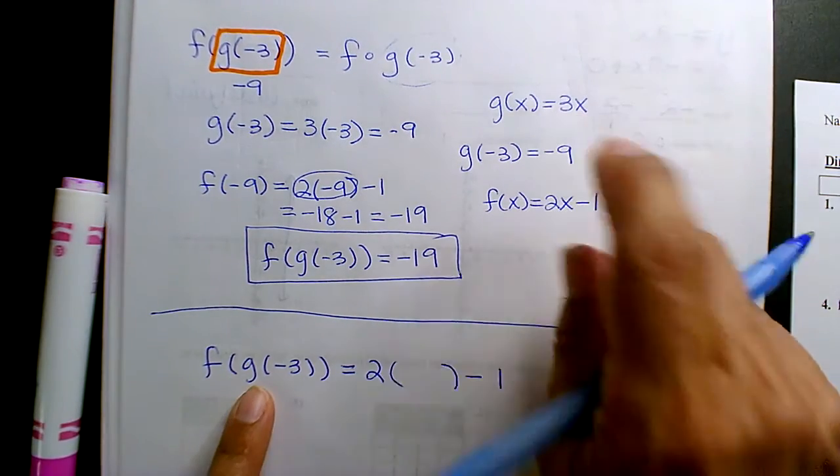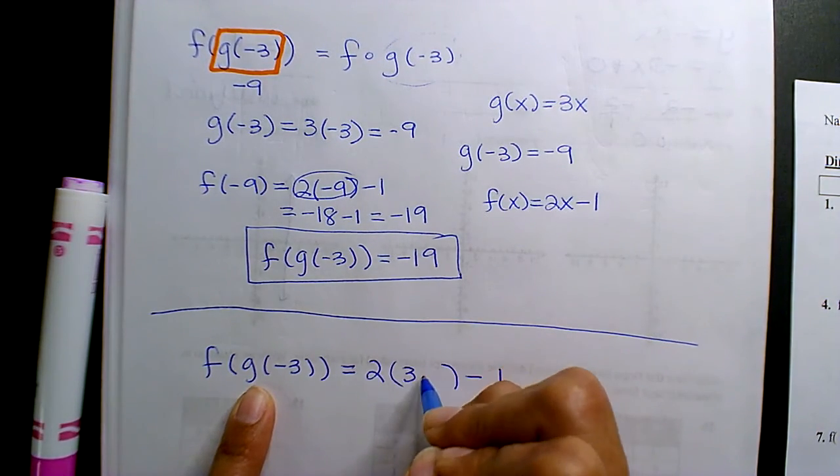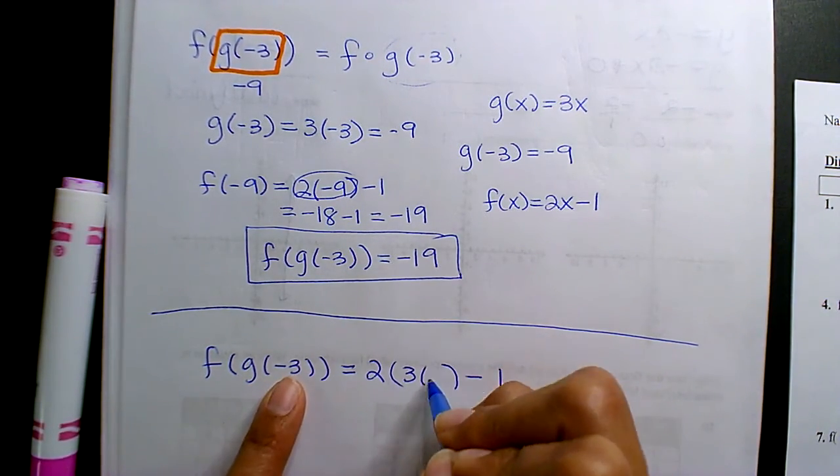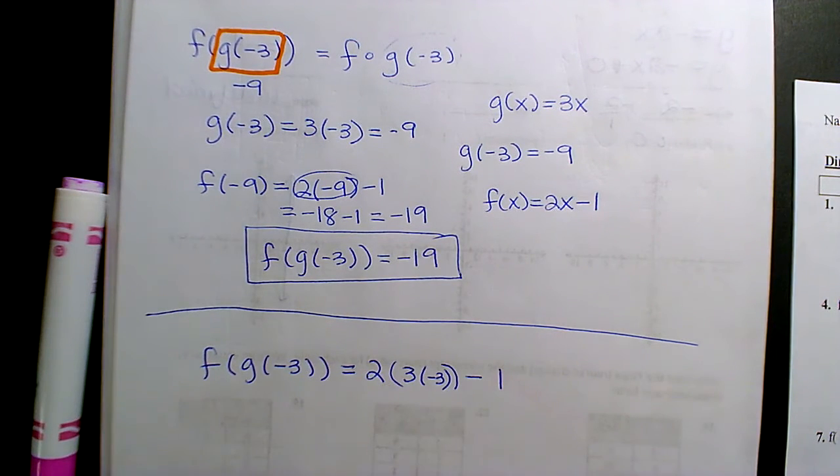The g function is 3x, but instead of x, I'm plugging in negative 3. That's really what it's asking you to do: take the f function, substitute the g function for x, and then substitute negative 3.